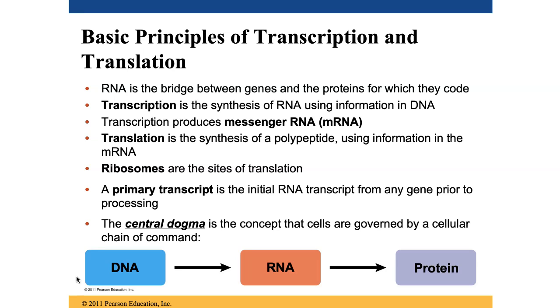DNA leads to the creation of RNA, which leads to the creation of protein. So the first step, transcription, is this arrow right here. Transcription is reading the DNA and from it creating RNA. So here's transcription, the synthesis of RNA using information in DNA.